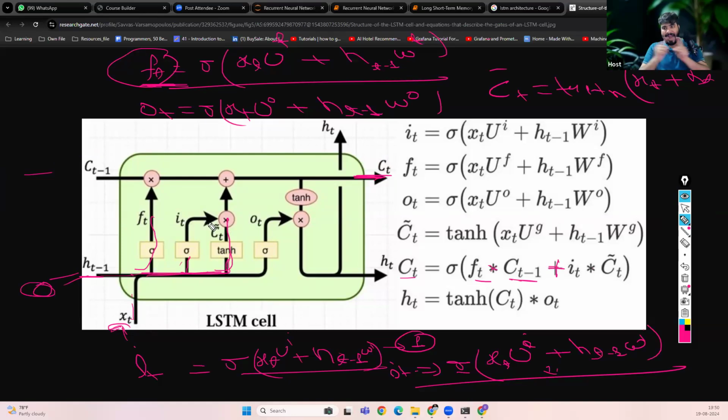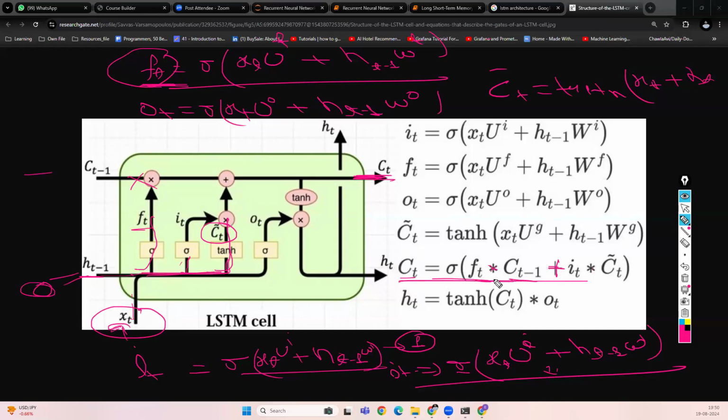So we need to add both of them, then we can calculate C of t. So we are doing the calculation f of t into C of t minus 1 plus i of t, it means the current input, into C tilde of t. Then we are getting the final memory block. Clear this one?